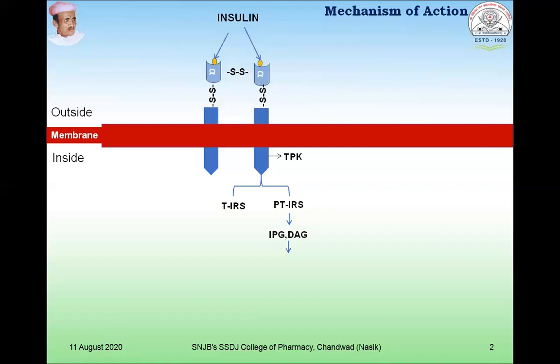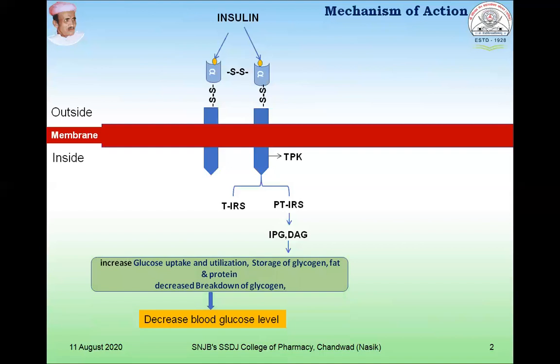The phosphorylation and dephosphorylation lead to the stimulation or inhibition of various metabolic enzymes. Certain secondary messengers like phosphatidylinositol triphosphate, which you have studied, and diacylglycerol are the secondary messengers, and they mediate the action of insulin on several metabolic enzymes.